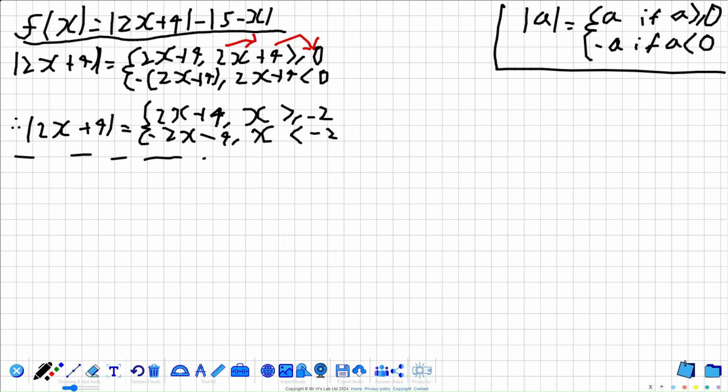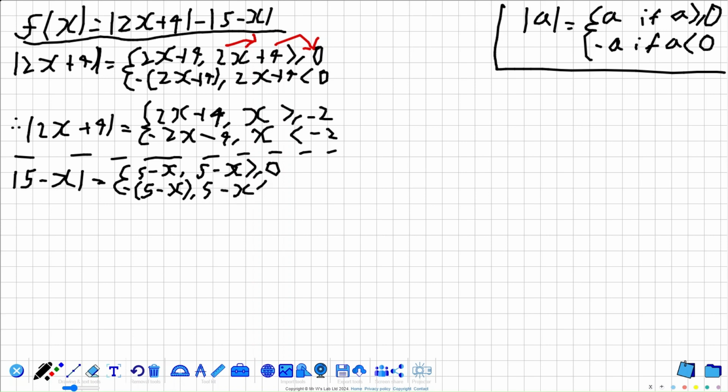Now I'll draw a line to divide it here, and then we've got |5 - x|, which equals 5 - x, where that's more than or equal to 0, and then negative, that's right, -(5 - x), where that is less than 0. Therefore, what we'll actually have to do for this one is we'll swap it around.